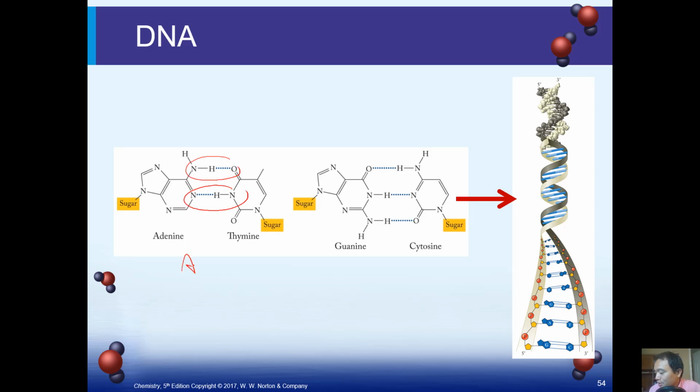All right, so A is matched up with T, and G, guanine, and cytosine are matched up because of the hydrogen bonding. You can actually form 3 hydrogen bonds between these 2 molecules, and these hydrogen bonds are responsible for the DNA double helix structure. That's about it. So we still have 3 more slides I want you to read on your own.